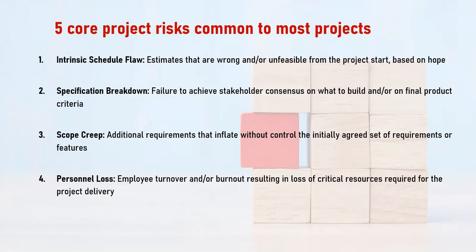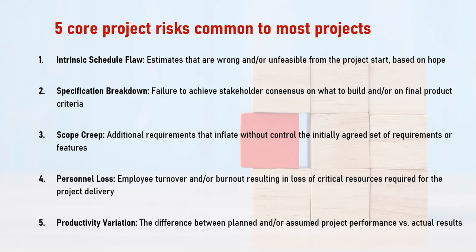Personnel loss, obviously, but not just any personnel, people with key knowledge, critical people. And productivity variation, obviously. We think we can do so much a month, but in the end result, we only get a third of that done, a lot of that due to multitasking.